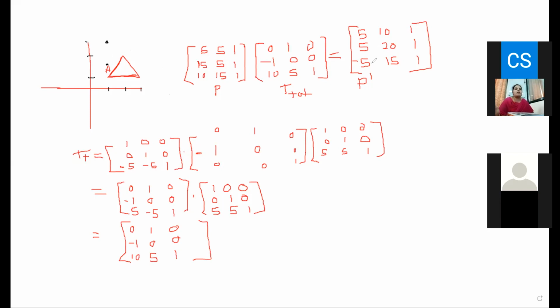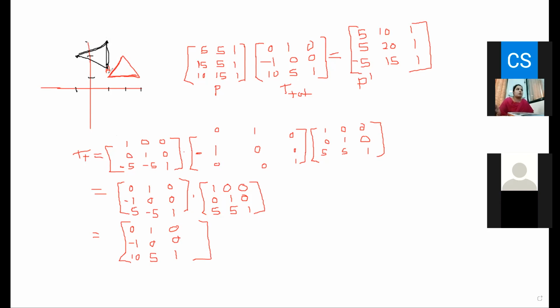And then minus 5, 15. So this is your 15, and minus 5 is this side. So here somewhere. That means ultimately I am going to get this triangle like this.